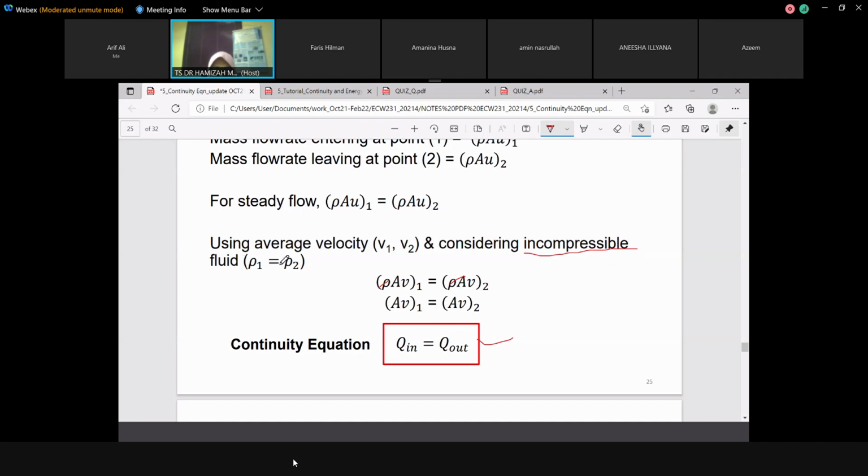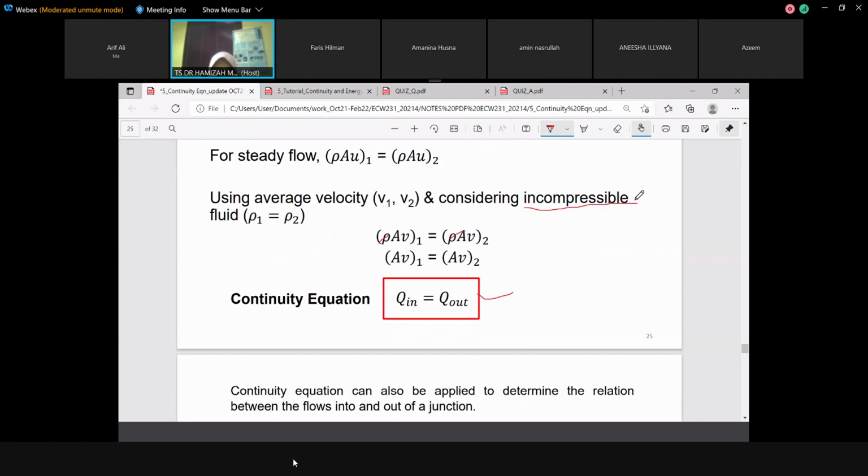So the density is the same. Okay, meaning along the pipe there is no change in the fluid, so the density is the same. Incompressibility can be affected when we have pressure or when we heat the fluid. So in this condition there is no change of compressibility.